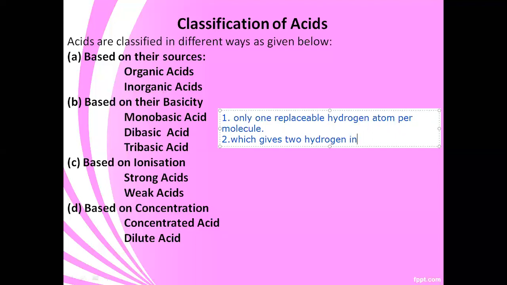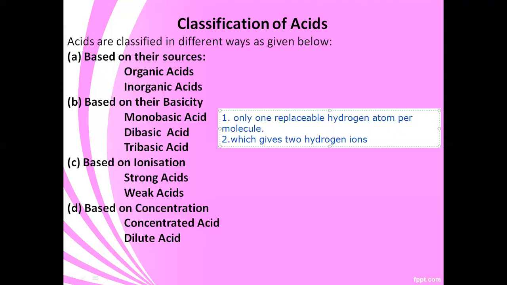Which acid gives two hydrogen ions? That is called dibasic acid.